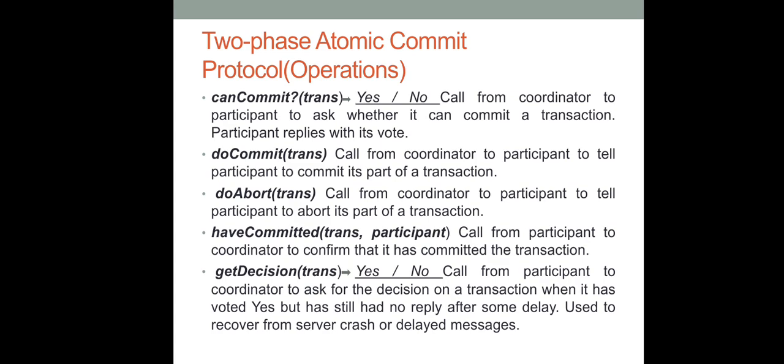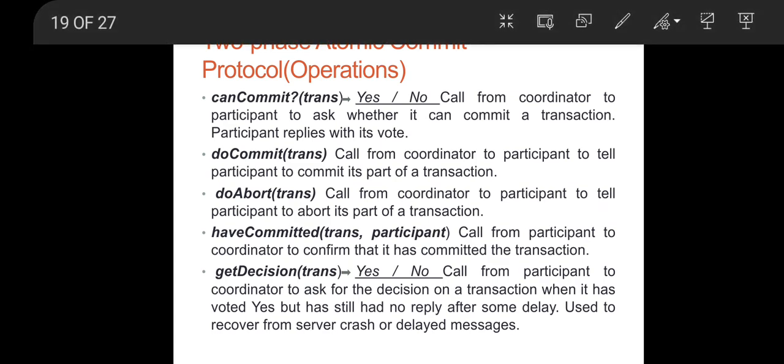Now these are the set of functions that will be executed in the two-phase atomic commit protocol operations. The first one is, when the coordinator gets the close transaction request from the client, it will be executing a function called canCommit, and that function will have a parameter, that is the transaction ID.